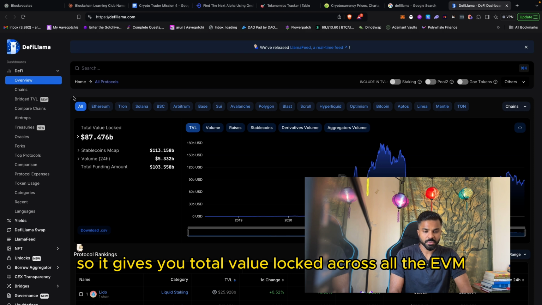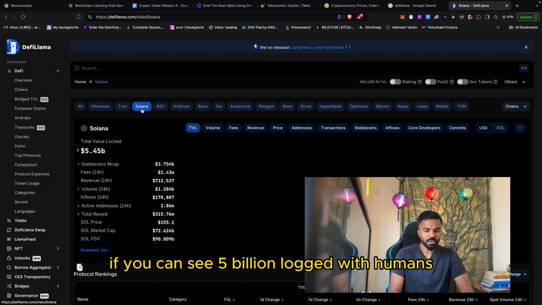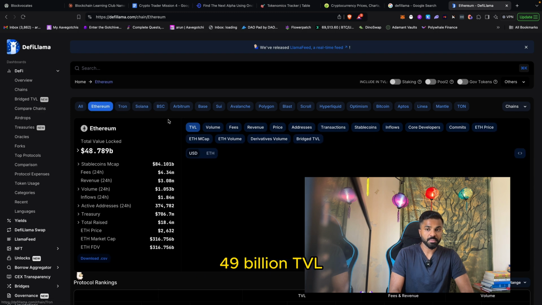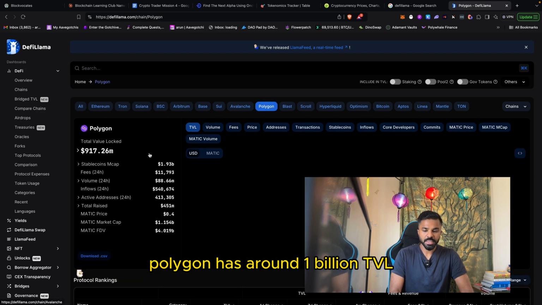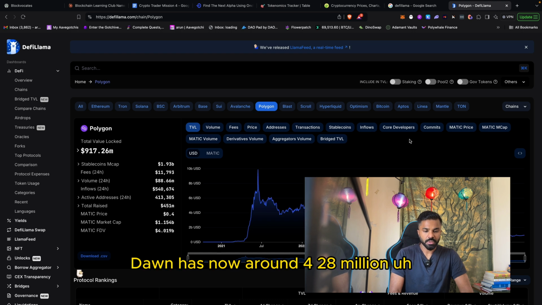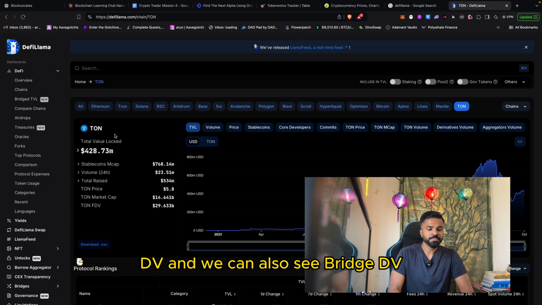So it gives you the total value locked across all the EVM, Ethereum ecosystem chains, and Solana. You can see 5 billion locked. Ethereum has 49 billion TVL. Polygon has around a billion TVL. Dawn has now around 428 million TVL.